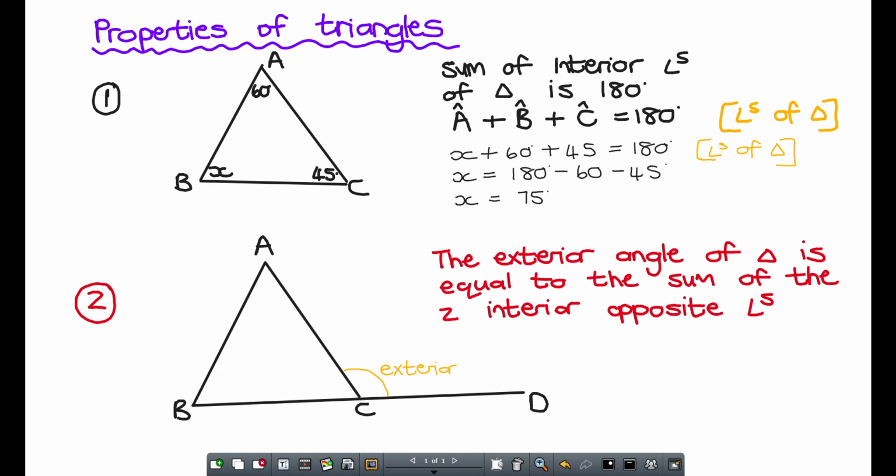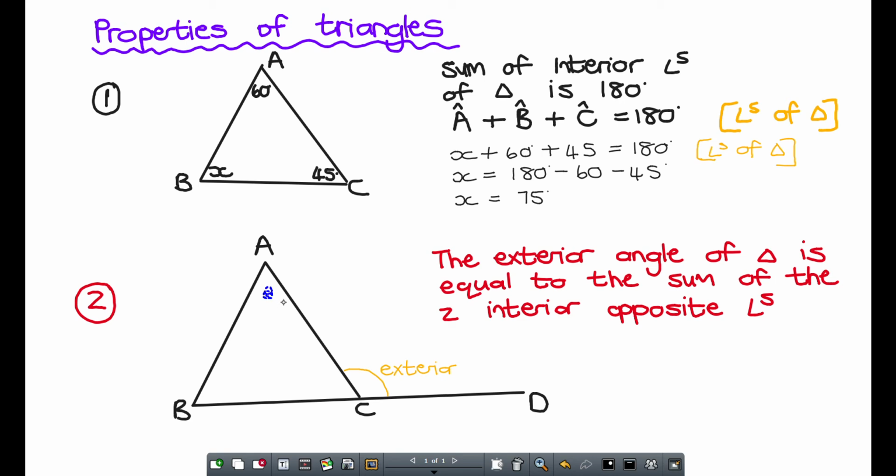Okay, now what are they saying? The exterior angle of a triangle, so this one, is equal to the sum of, so I've got to add up, the two interior opposite angles. Okay, now I've got three angles interior, meaning inside.